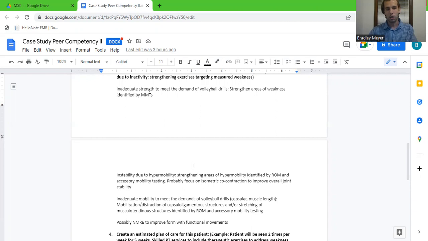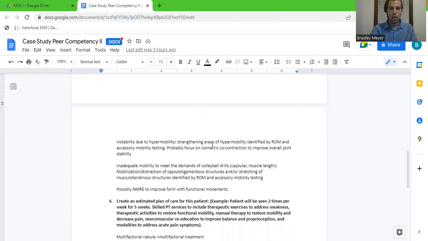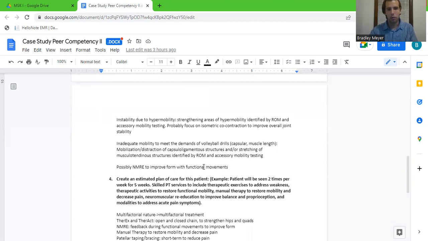So if she does show some inadequate strength with the MMT, manual muscle test, then I could work on strengthening those. I could also work on strengthening in the case of hypermobility to stabilize those joints. In the case of hypomobility, I could use some manipulation or stretching: manipulation for capsular tissues, and then stretching for musculotendinous structures.